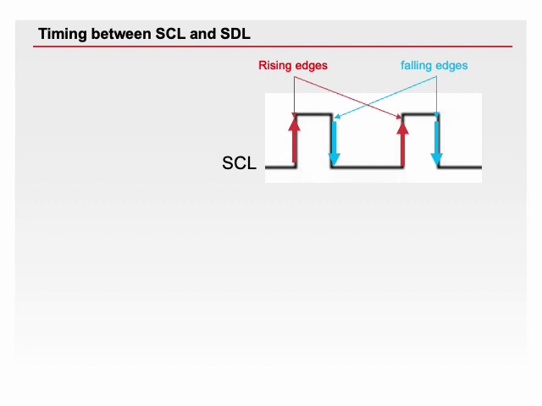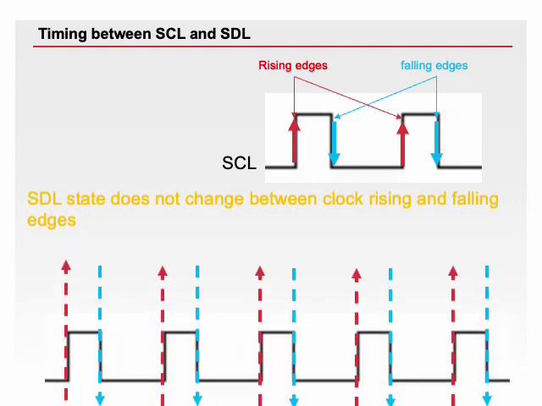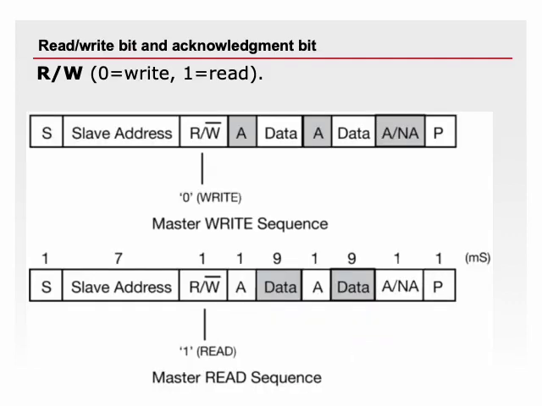The SDA line does not change its state, high or low, between rising and falling edges. As shown in this figure, SDA changes between falling and rising, but not between rising and falling edges here. Let's move on and see what happens next.